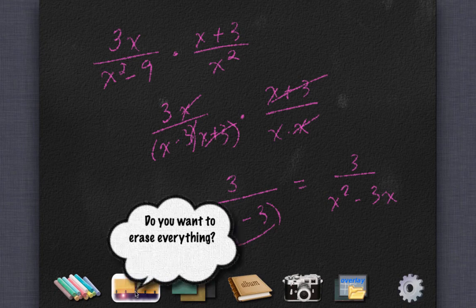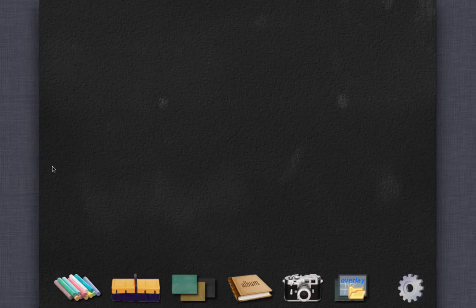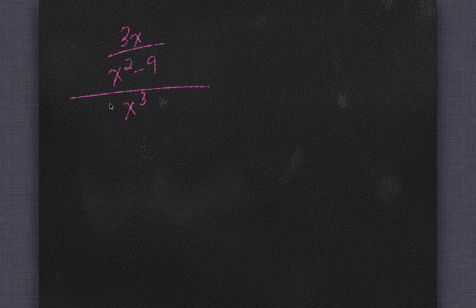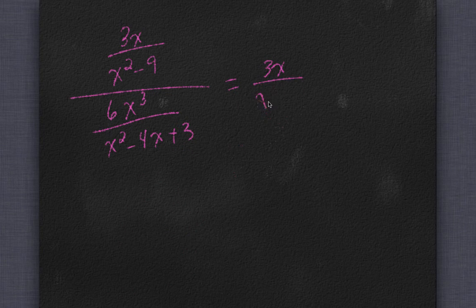So that's multiplication. You might also have a fraction, you might have it divided, and it might be written like this. Might be like this, or it might be like this.